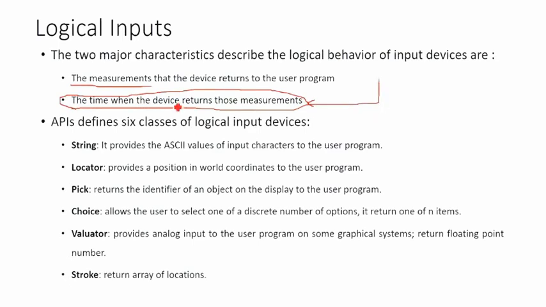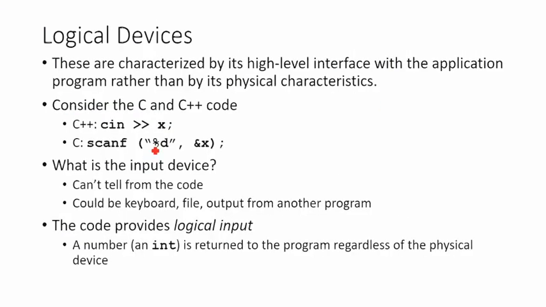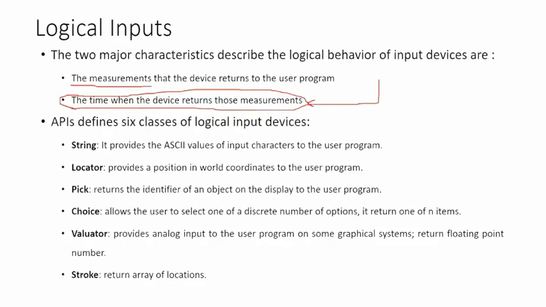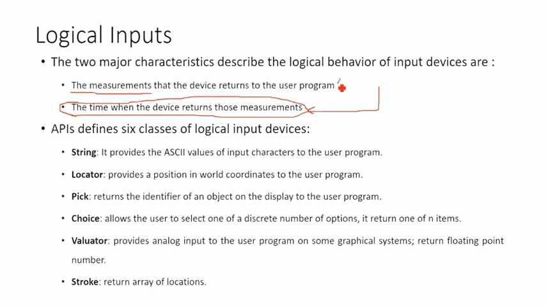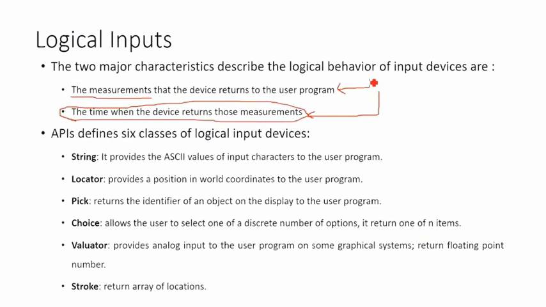Let us say you have percentage %s here, which is basically a string. The measurement is the characters that you type. Everything will be stored in a buffer. That is the measurement, the set of characters you have typed. But when does it return that string to the application program?